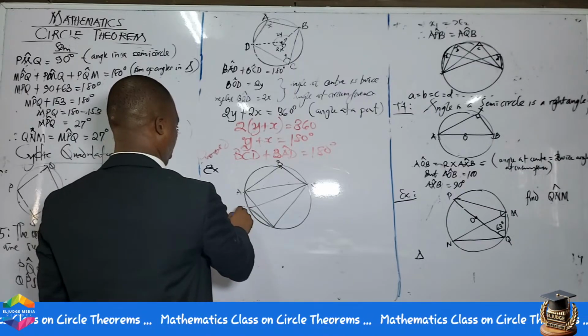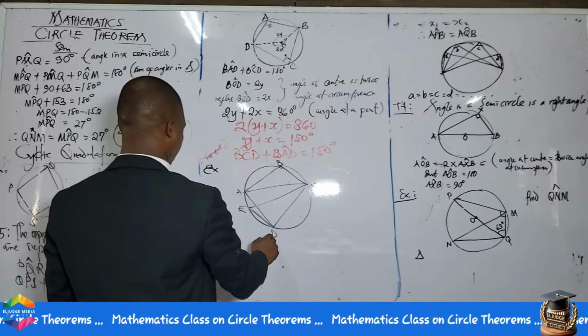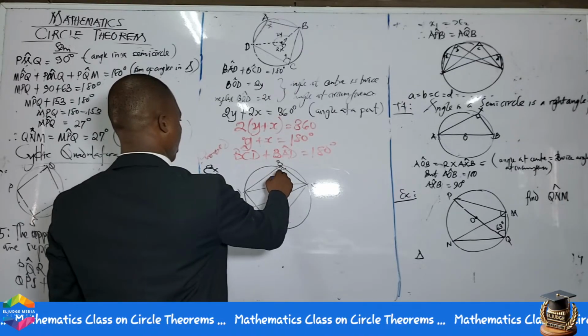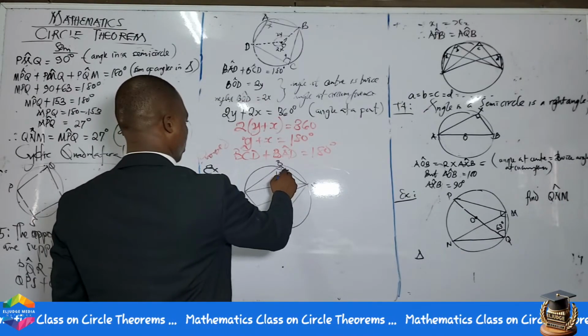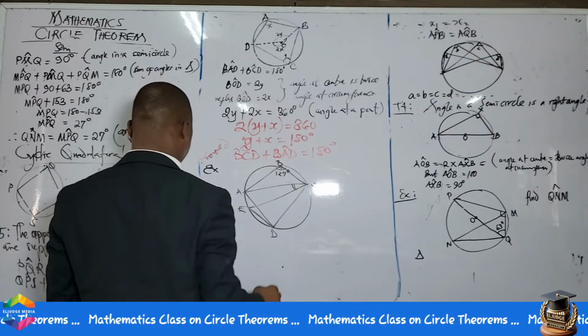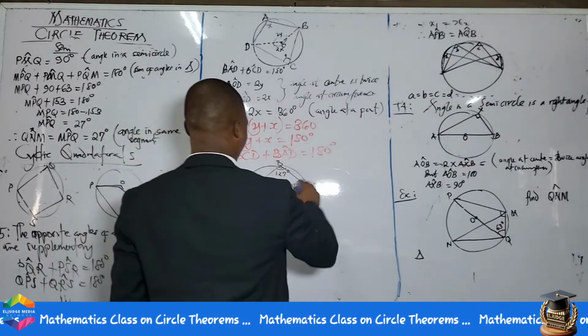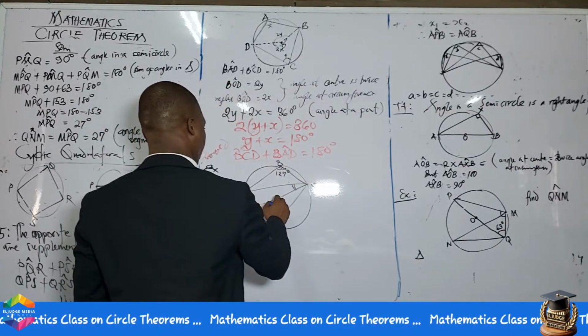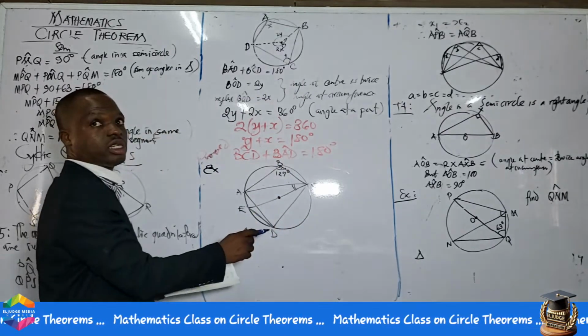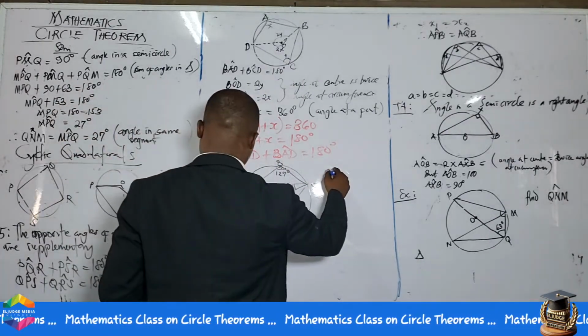We have angle E here, and this D here, this C, this A, this 127 degrees. Remember this point here is the center of the circle. Once you see this point, it means center of the circle.